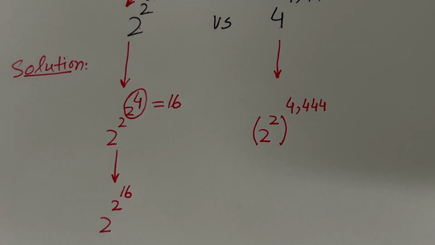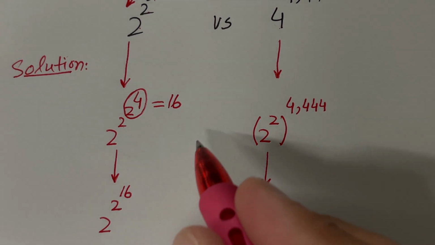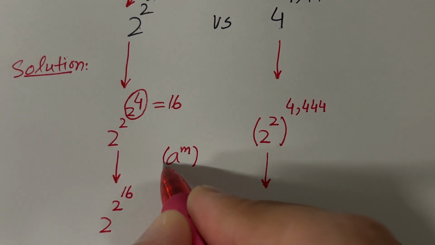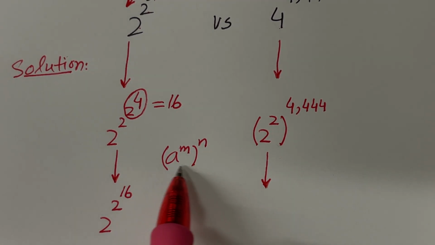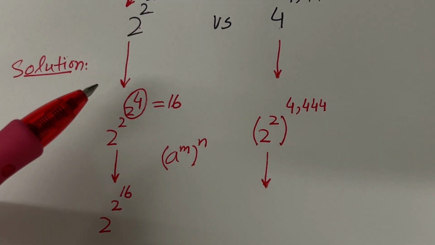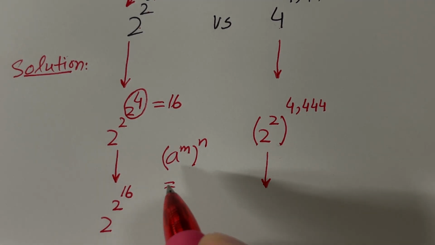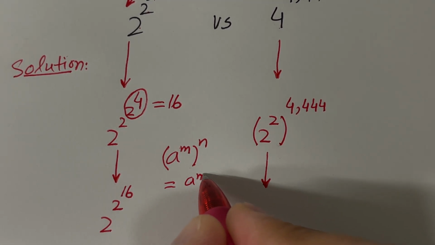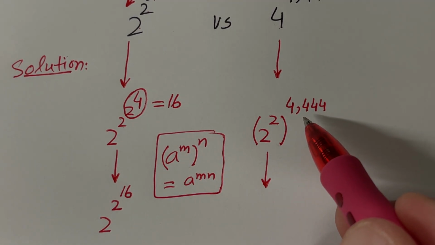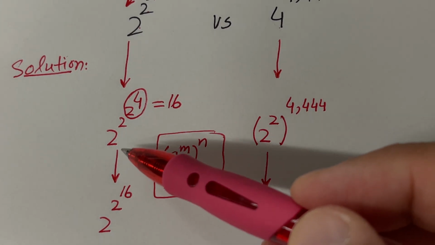So this is equal to 16. And on the right hand side, now I will use a property that says if you have a raised to the power m raised to the power n, with parentheses, you just multiply these exponents. If you don't have parentheses, then you have a power tower.